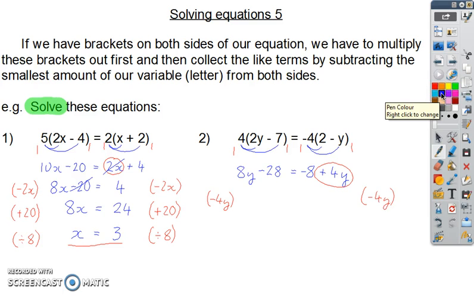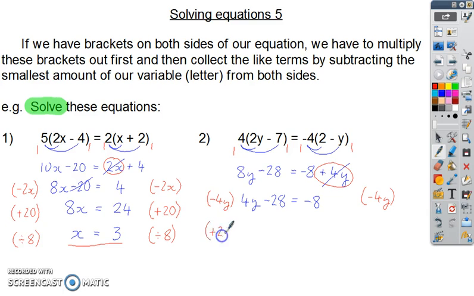Right, 8y minus 4y is 4y, done nothing to the numbers, so that's still minus 28, equals, now we've got negative 8, that plus 4y is going to disappear. Now then, that's just a normal linear equation, so it's quite straightforward. We've got to find out what the y is. So first of all, we've got to opposite that minus 28.